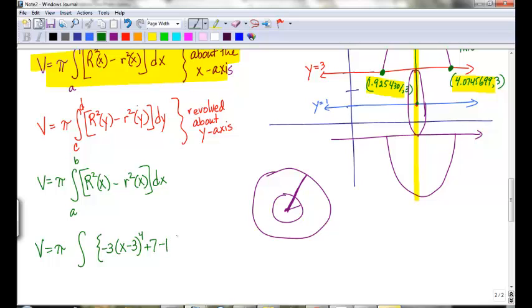So subtract 1, and we're going to square that. That is our uppercase R of x squared. Minus, we said the inside radius was from 1 to 3, so the inside radius is 2 squared. And it's that whole thing with respect to x from 1.92543301 to 4.0745699.